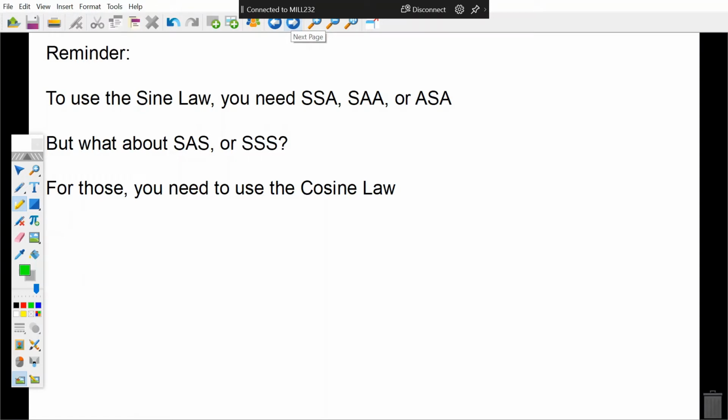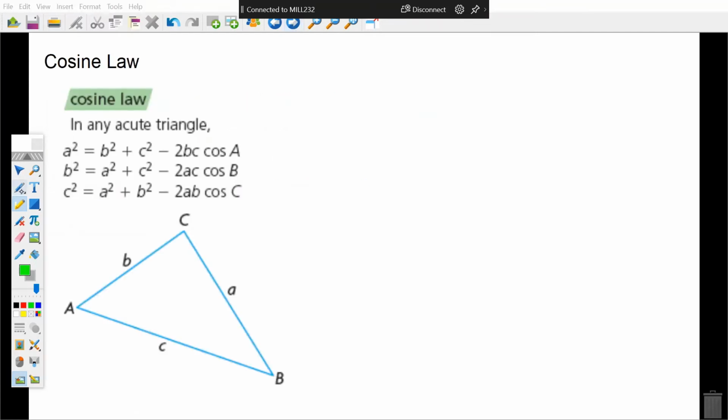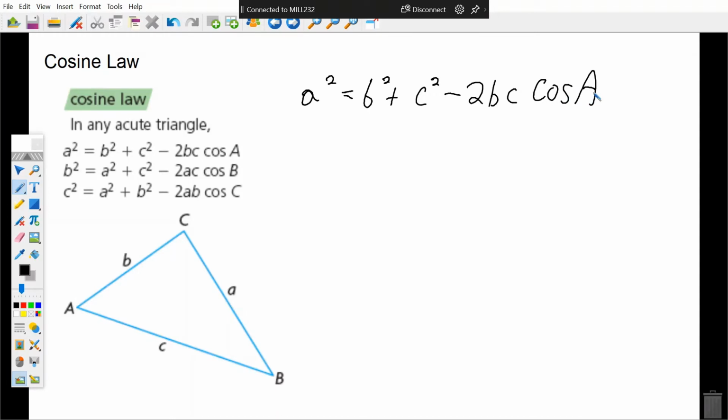As a reminder, to use the sine law, you need side, angle, angle, or angle, side, angle. But what about side, angle, side, or side, side, side? So here's what the cos law looks like, and I'll write it out for you. A squared equals b squared plus c squared minus 2bc cos A. It can be written out for any of the letters depending on what you're trying to find.